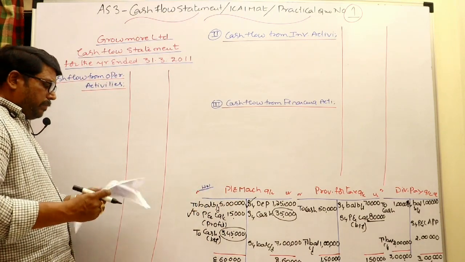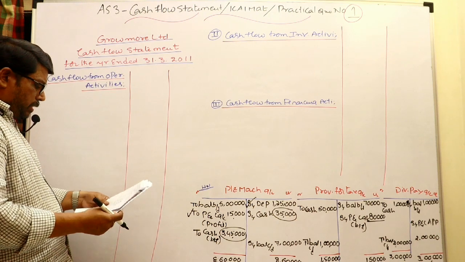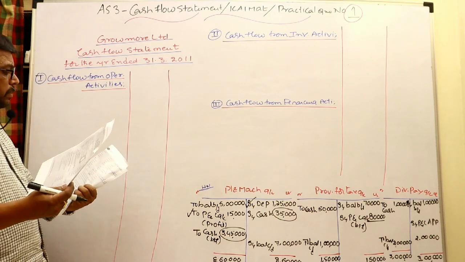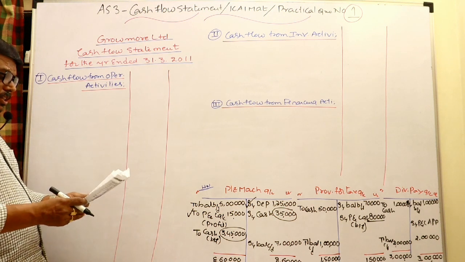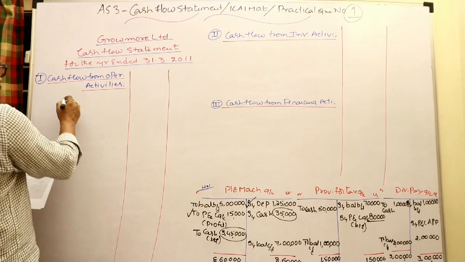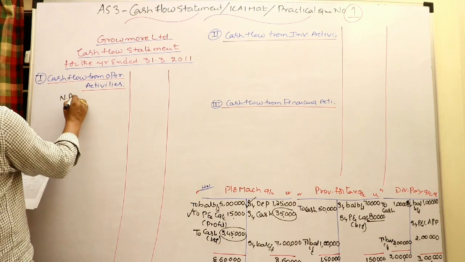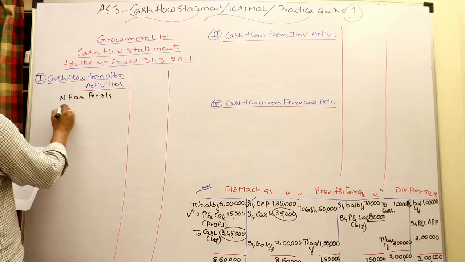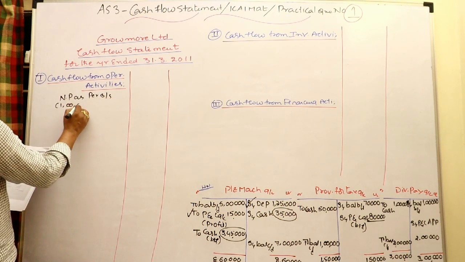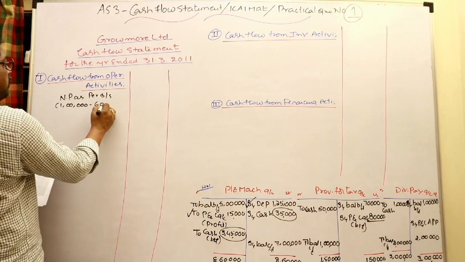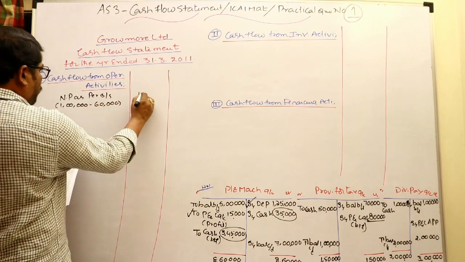Now we can go to the preparation of the cash flow statement from the given items. First, I would like to take the net profit as per balance sheet, 1 lakh minus 60,000, 40,000. Cash flow from operating activities in the indirect method: net profit as per balance sheet 1 lakh minus 60,000, the resulting amount is 40,000.